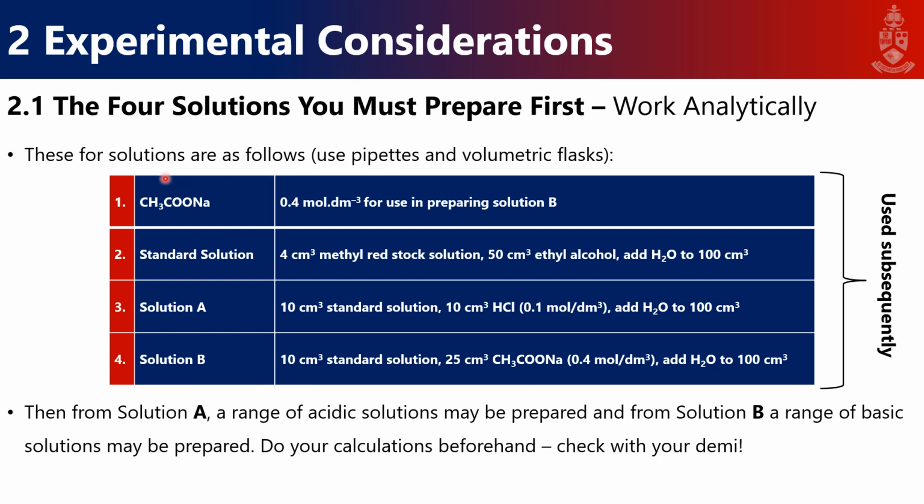So specifically for this practical, you're going to make a number of solutions. But firstly, to start with, you're going to make the following 4. And technically, you first start with the first 2. If Joel was nice today in the lab, he would probably have made up both of these for you.